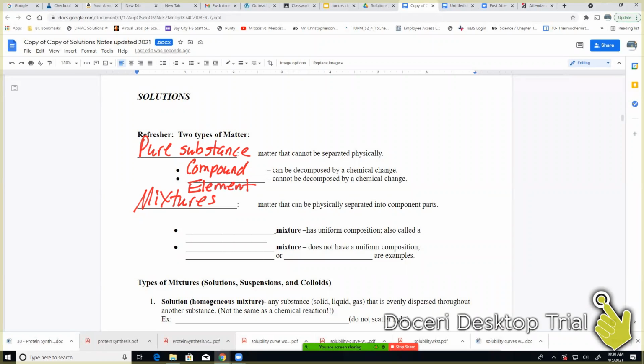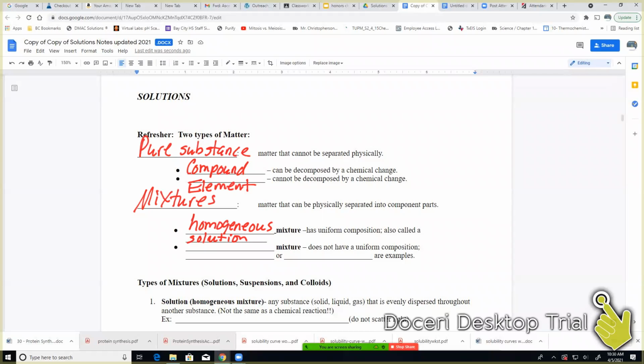So an element, anything off the periodic table, cannot be decomposed by chemical change. If I put two or more elements together, then I get a compound, which can be broken back down into its elements. So now we're going to be spending more time under mixtures, specifically homogeneous mixtures, and another name for them is a solution, which is what we titled this unit.